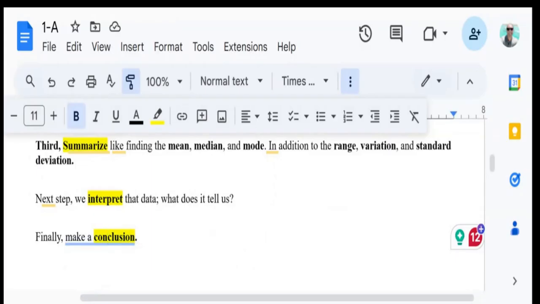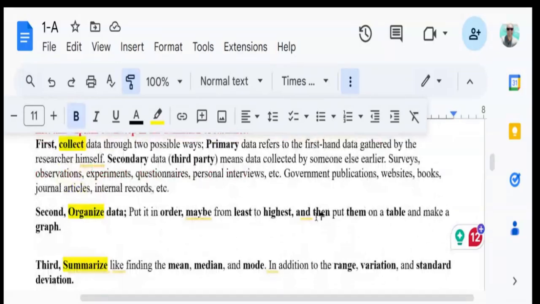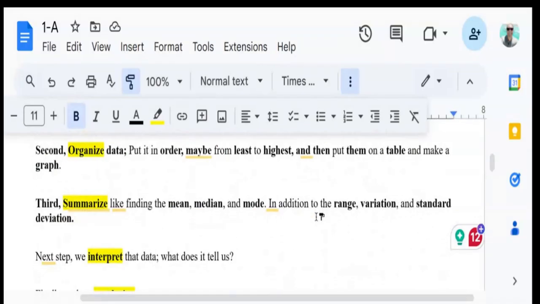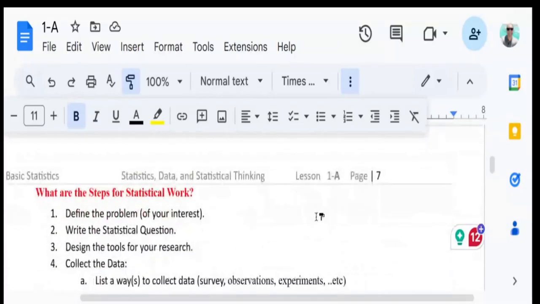Make your conclusion. Is this clear? Yes. All right. I try to make it as simple as possible regarding statistics. What is the meaning of statistics, and what are the steps done in statistics? Those are the steps. What are the steps again? Collect, organize, summarize, interpret, and write your own conclusion.